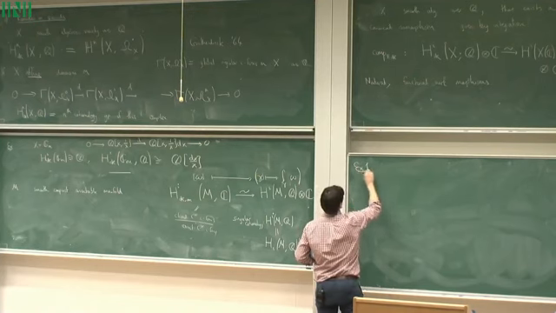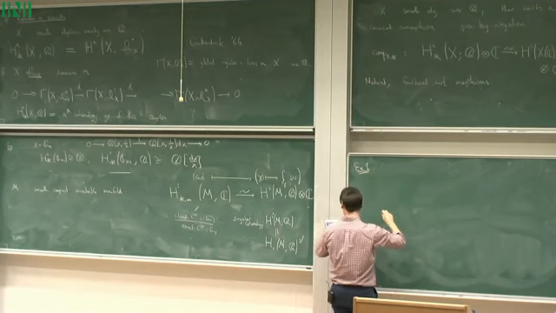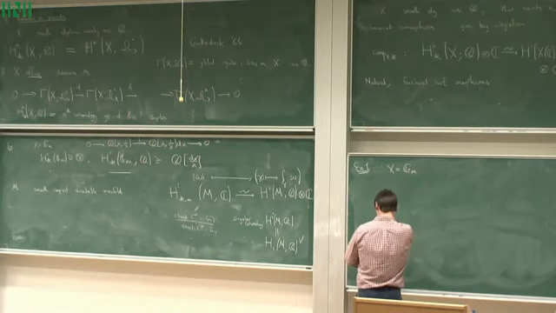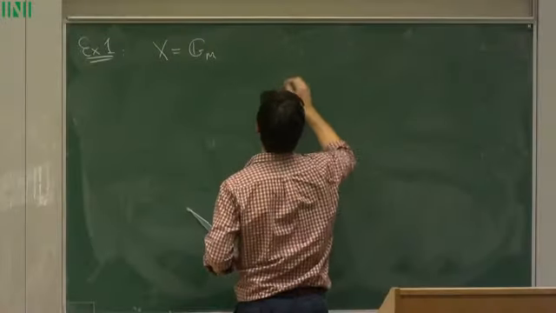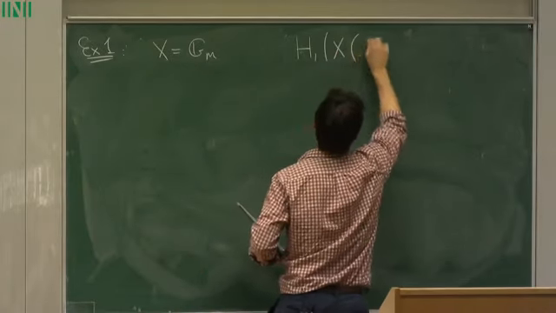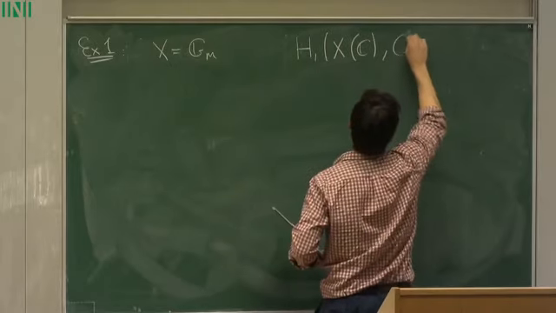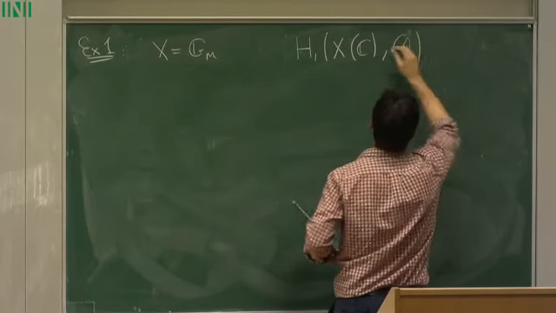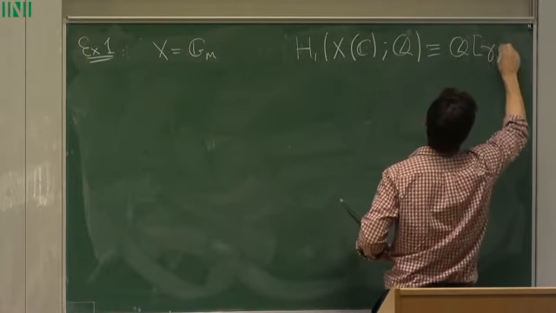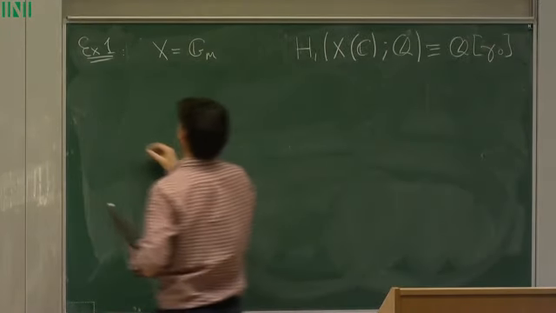Okay, so example 1. Maybe I just have time to do this. Let's go back to X equals G_m. The homology of the complex points of X, with Q coefficients, is one-dimensional, spanned by a chain.